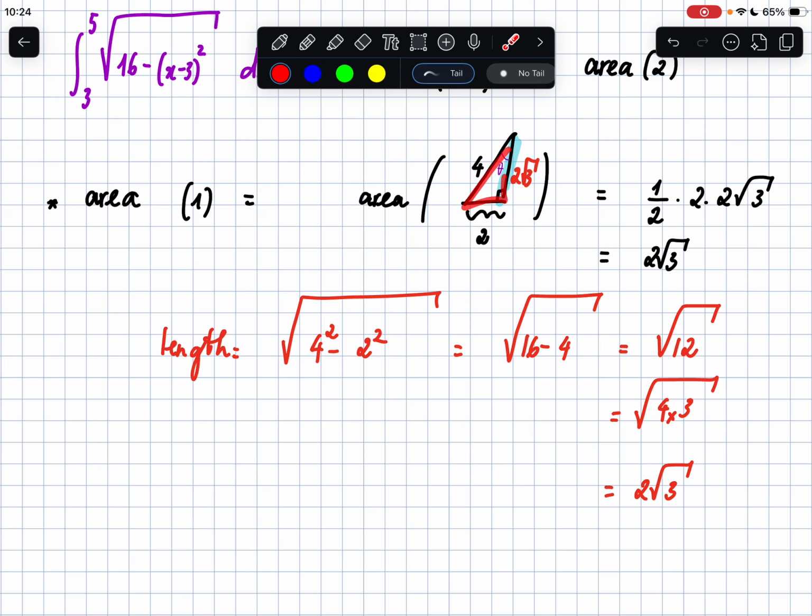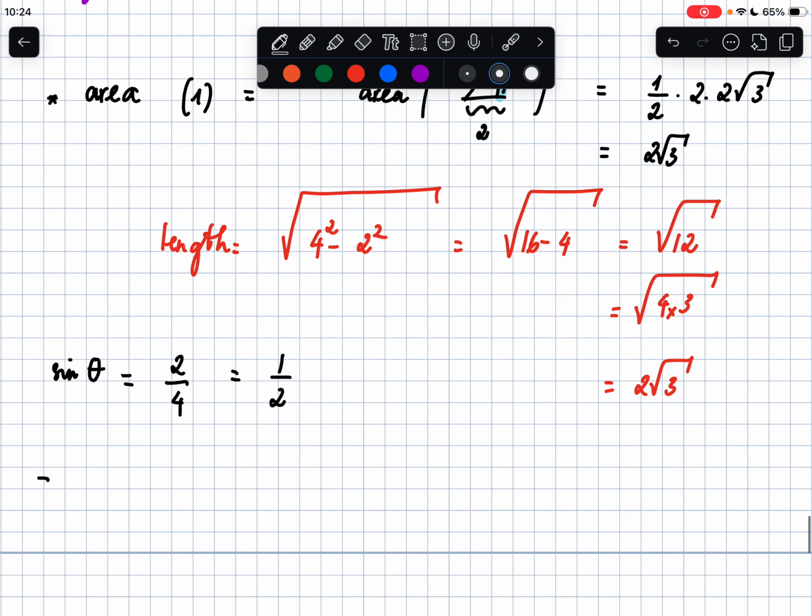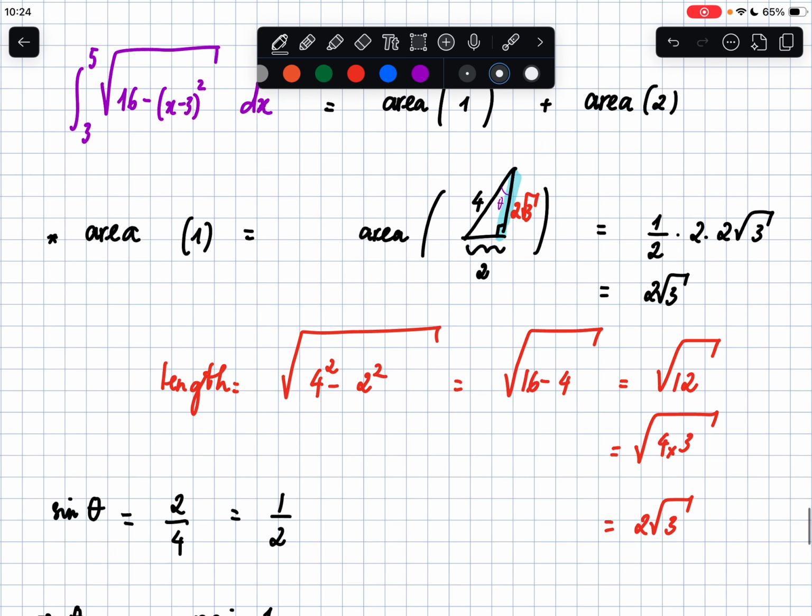Sine theta is 2 over 4, which is 1/2. So theta is arc sine of 1/2, with theta between 0 and 90 degrees.